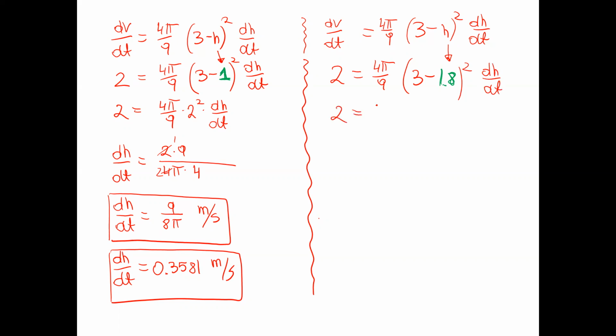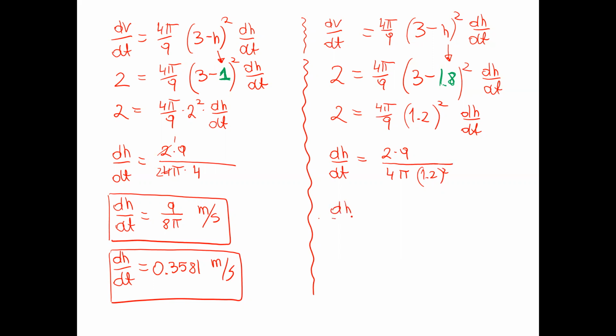We will have 2 equals 4 pi over 9 times 1.2 squared times dh/dt. Let's see, dh/dt: 9 times 2, and divide by 4 pi and by 1.2 squared, which actually we know what it is.